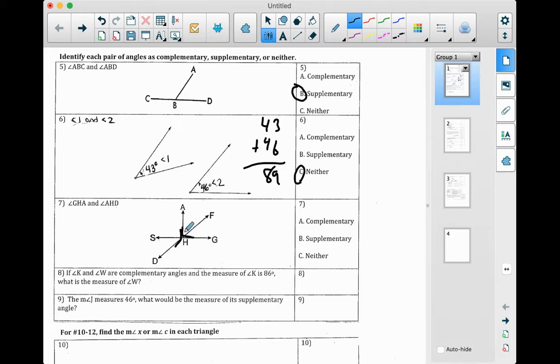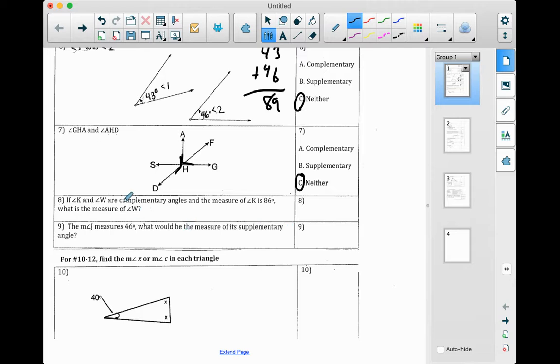This first one, GHA itself, is a right angle. Okay, they don't make a straight line together either, right? They make more than a straight line. So if it was just this, that would be a straight line, but it's this. Right? It's more than 90 and more than 180. So these are neither complementary nor supplementary.